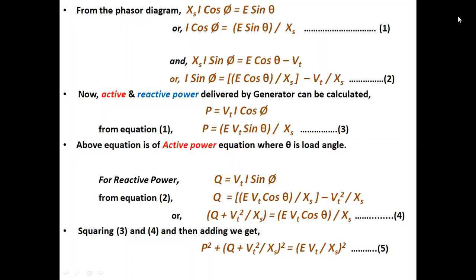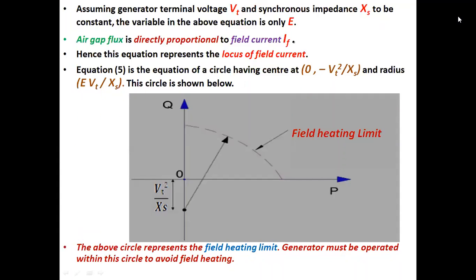Now we see the equations as prescribed in my slide. You go through, assuming the generator terminal voltage Vt and the synchronous impedance Xs to be constant.